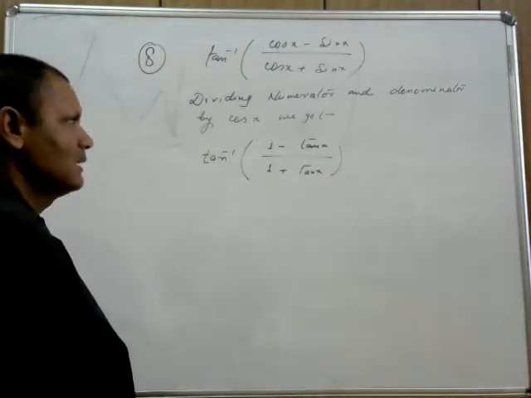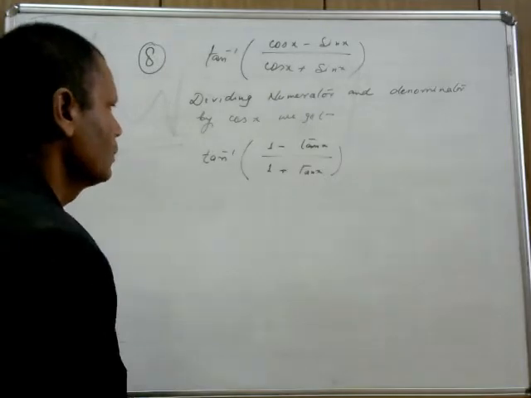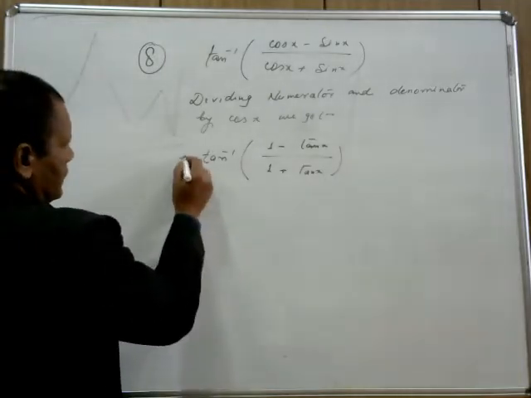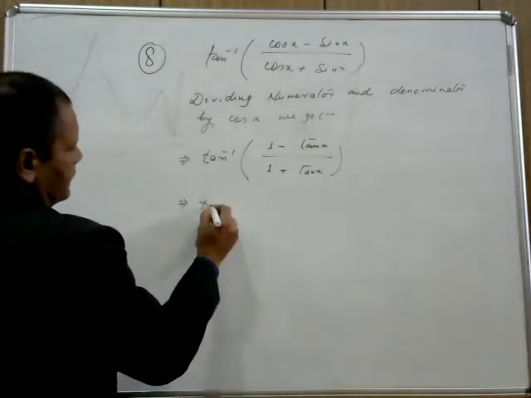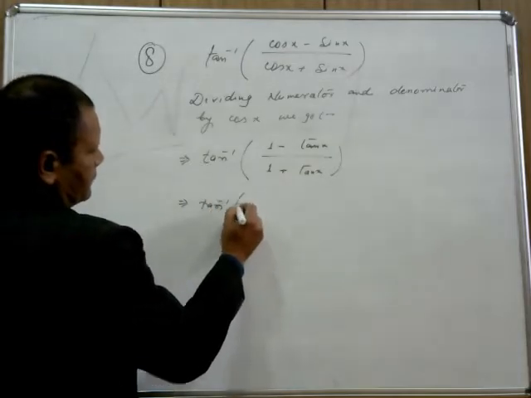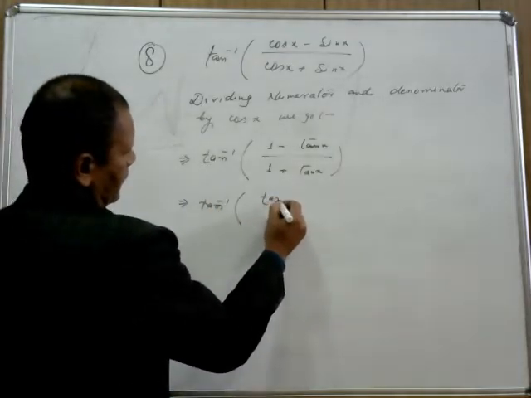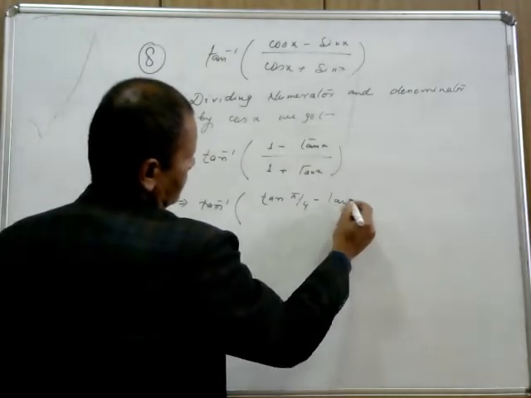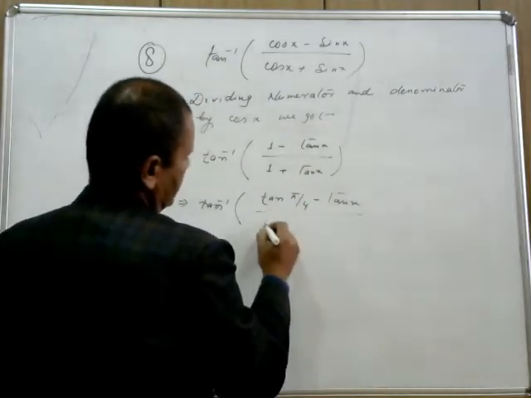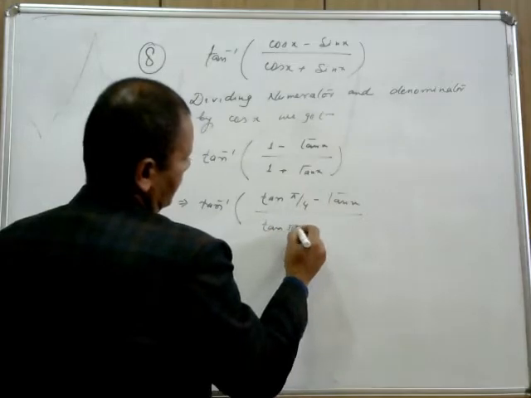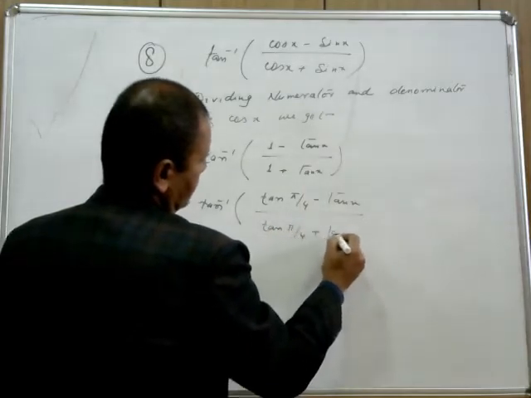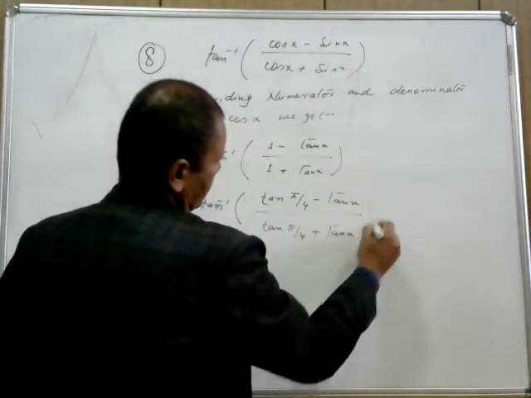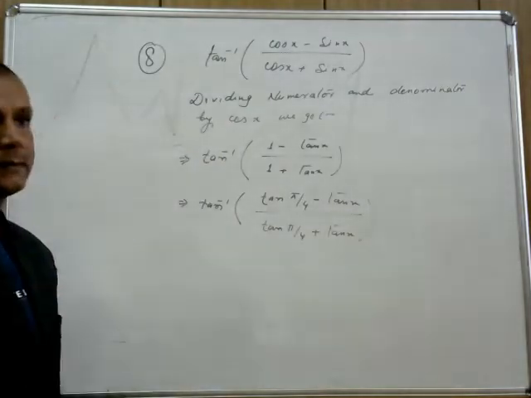Now 1 minus tan x upon 1 plus tan x, can I write tan inverse tan pi by 4 minus tan x upon tan pi by 4 plus tan x.